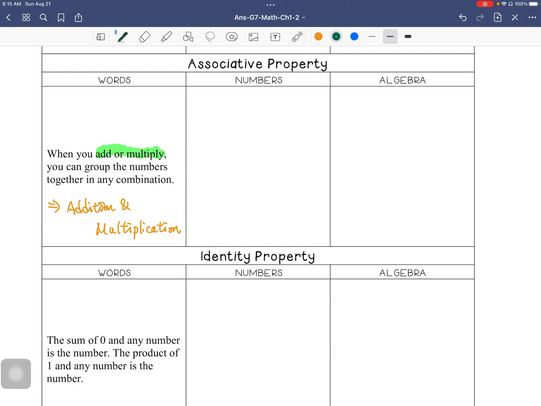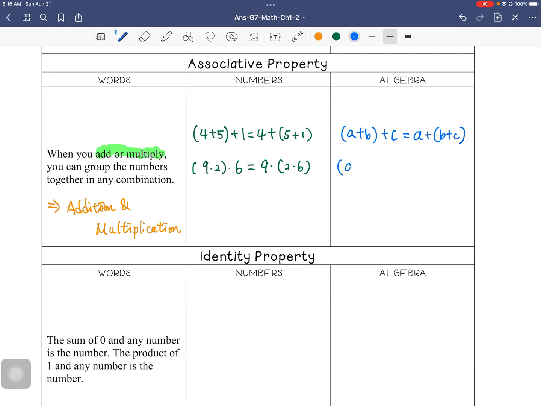When I add the numbers, I can group them in any order, such as 4 plus 5 plus 1 equals 4 plus 5 plus 1, such as 9 times 2 times 6 equals 9 times parenthesis 2 times 6. So for algebra, parenthesis A plus B plus C equals A plus B plus C. Parenthesis A times B times C equals A times parenthesis B times C.